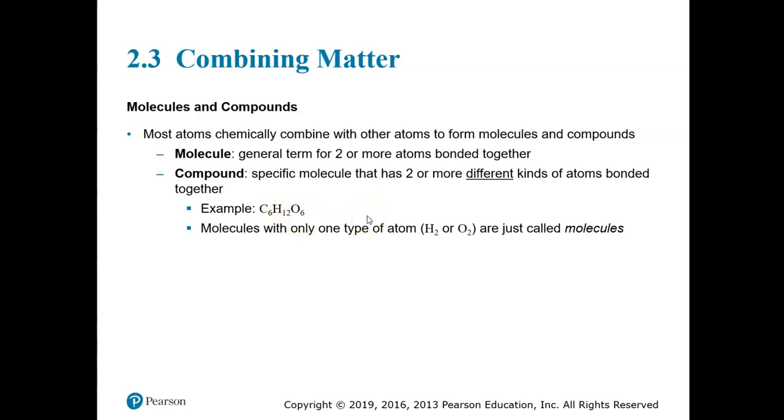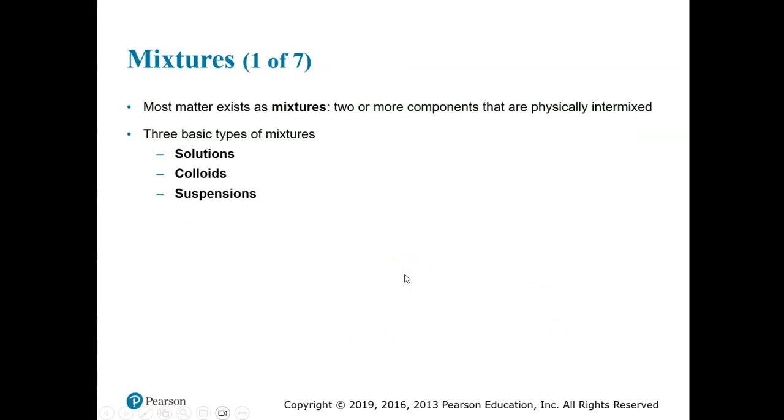And that makes one molecule of glucose, which is also known as blood sugar. So it is technically a compound, but we do tend to call it a molecule in biology, just because we do.